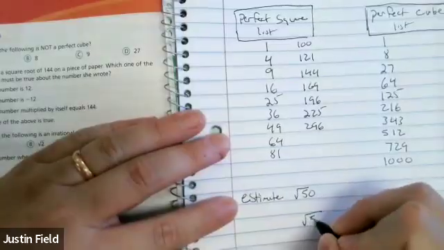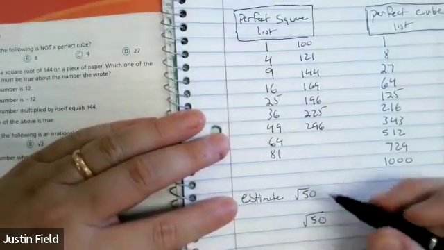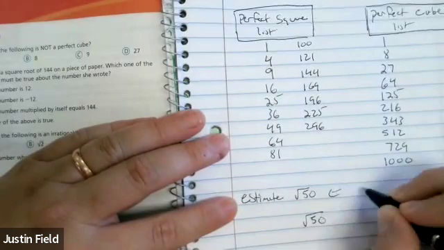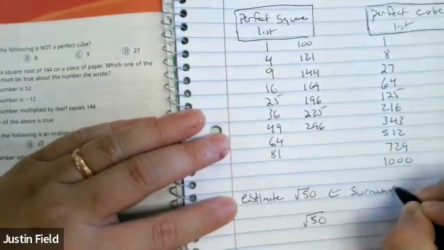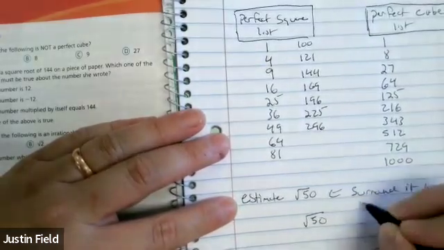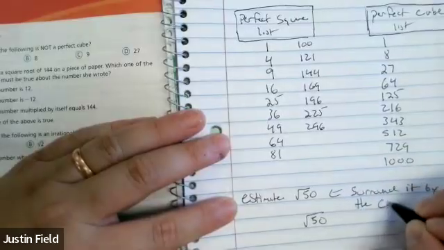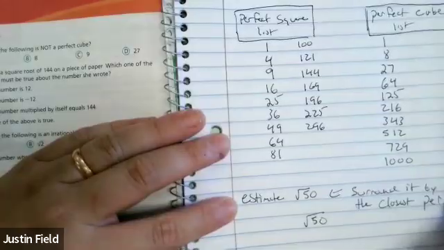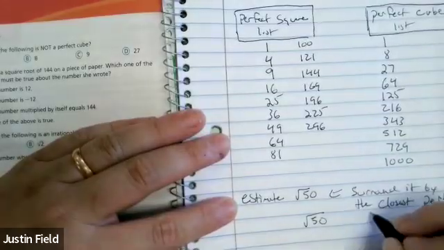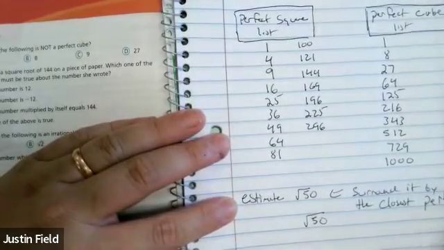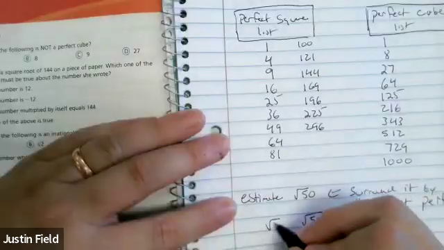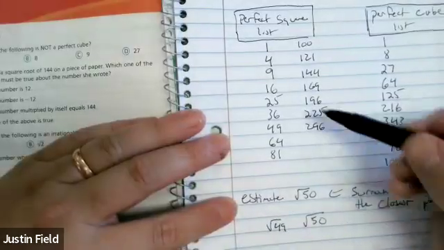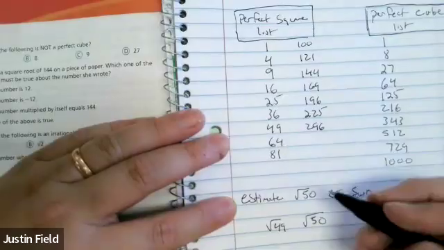So if I want to estimate the square root of 50, I'm going to surround it by the closest perfect squares. 49 is on the lower end, and what is on the higher end? 64.